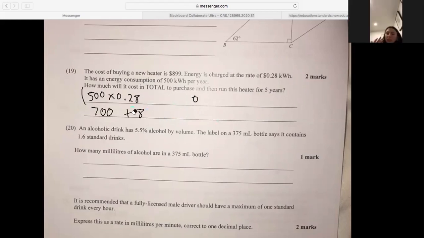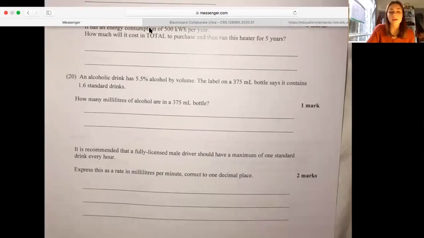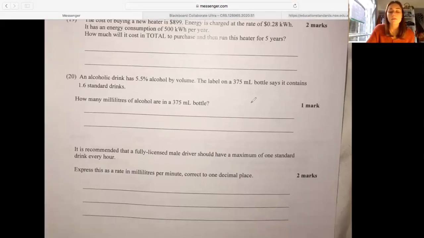An alcoholic drink has 5.5% alcohol by volume. What does that mean? These questions confused me before because I've never actually done one like it, but I think I know what they want. By volume, I'm guessing this means, say you have a 375 milliliter bottle, that's how much volume you have.